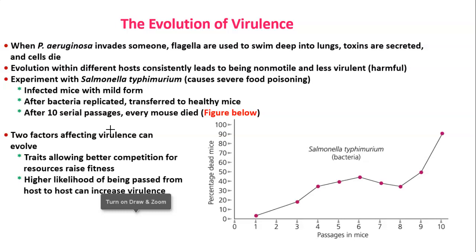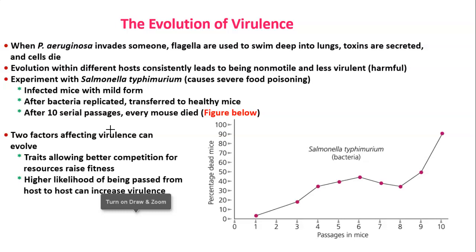And after the bacteria were given the opportunity to replicate, they were then transferred to healthy mice. This is called a serial passage, transferring these organisms from one host to another. There were 10 serial passages in this experiment. And after 10 serial passages, every mouse died.